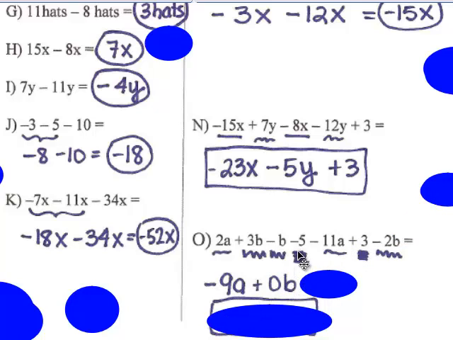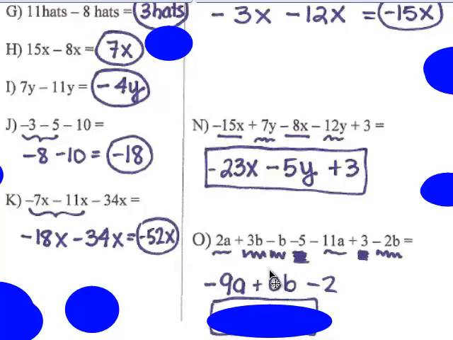And the next one would be the numbers without letters, or remember the letters we call variables, so the numbers without variables. So we have negative 5 plus 3. Signs are different, so you're going to subtract. Negative 5 plus 3 is negative 2. Alright, if you notice right there, can you combine any terms?